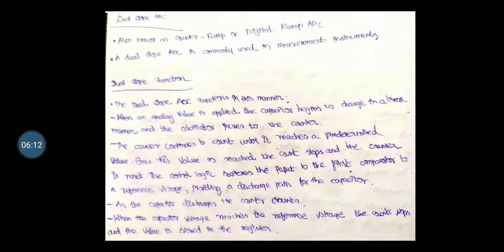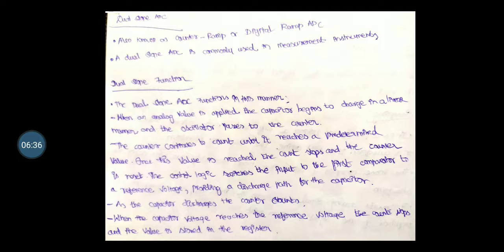Next one is the dual slope ADC. Dual slope ADC is also known as counter ramp or digital ramp ADC. A dual slope ADC is used in measurement and instrumentation. It works in the following manner. When an analog value is applied to the capacitor, it begins to charge.